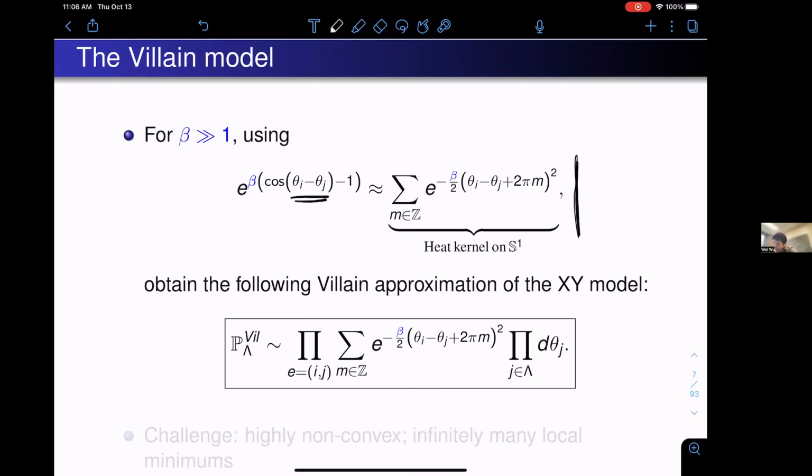This is still a potential on the angles on the unit circle. It looks like a periodized Gaussian, where M is the winding number you're summing over, with Gaussians at the corresponding winding numbers. Another interpretation is that this is the heat kernel on the unit circle.